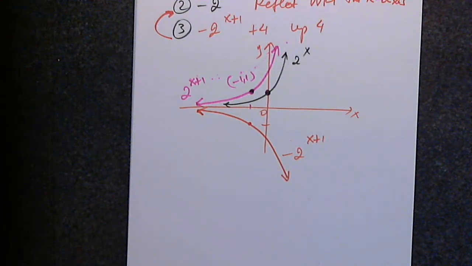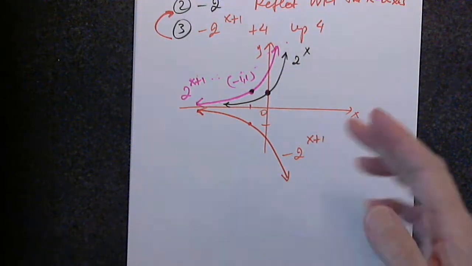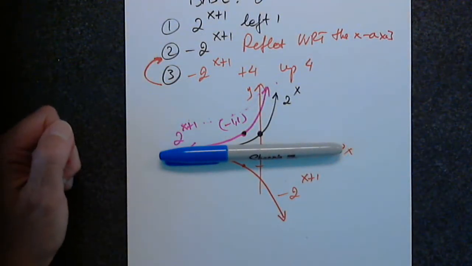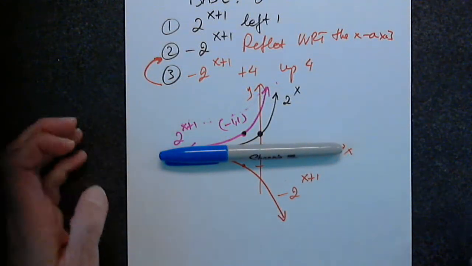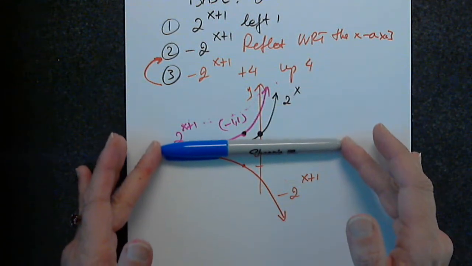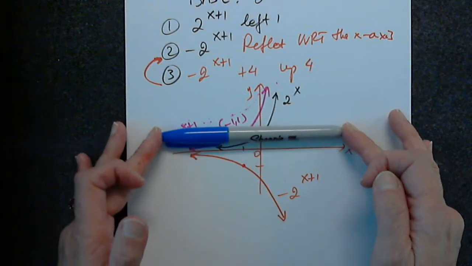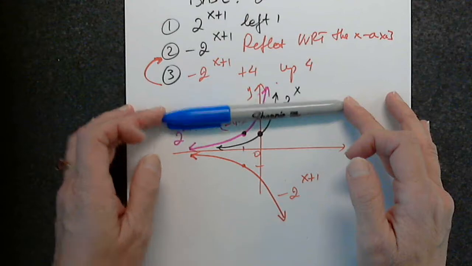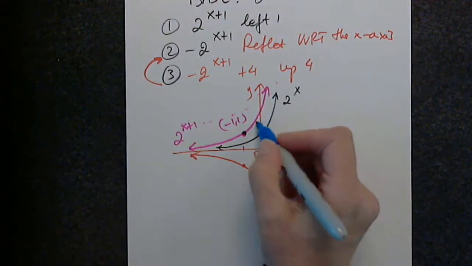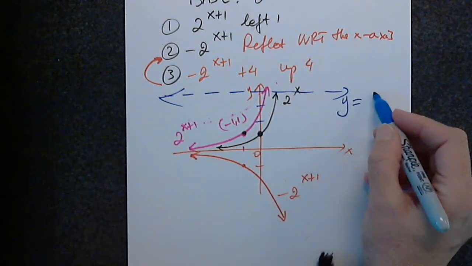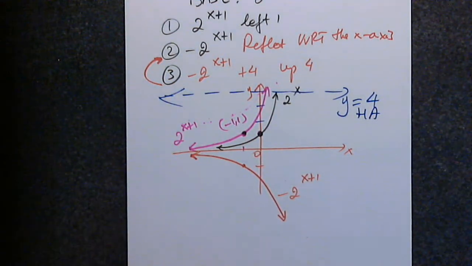I have to move what first? I did not mention it because all these three had the same horizontal asymptote, and that horizontal asymptote was the x-axis. But now when I move the graph up 4, where do I move the horizontal asymptote? Indeed, at 4. I have to move the horizontal asymptote first. So 1, 2, 3, 4. y equals 4 is the horizontal asymptote.